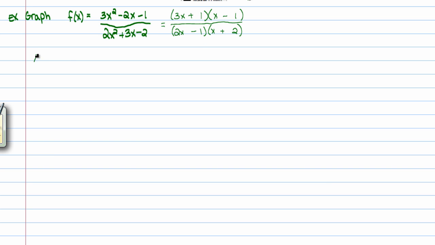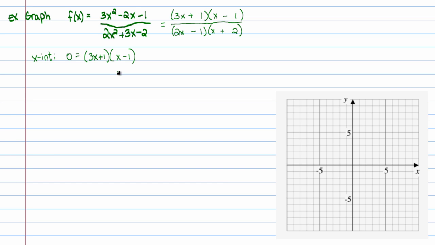Nothing cancels here, so we're kind of out of luck there. Let's find the x-intercepts by allowing y to equal 0, or in other words, allowing the numerator to be 0. And this one has very nice x-intercepts. The x-intercepts occur when x is a negative 1/3, y is going to be 0. And when x is positive 1, y will be 0.